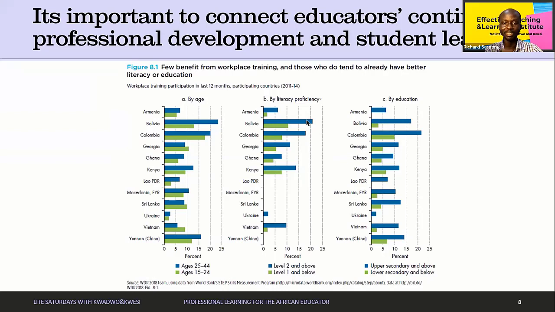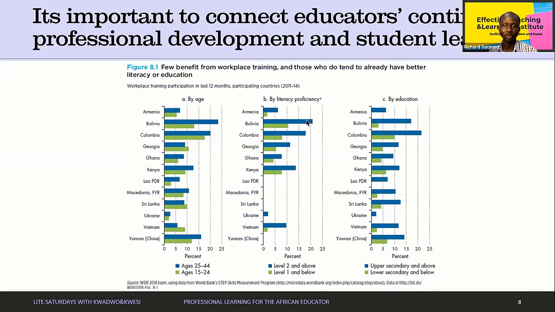So you could see that the percentages are very low in terms of access to professional learning compared to their counterparts in the developed world, in Singapore, in Shanghai, where professional development is a key aspect of the teacher's growth and development. And that is why those economies are known to be the haven of quality educational service delivery.